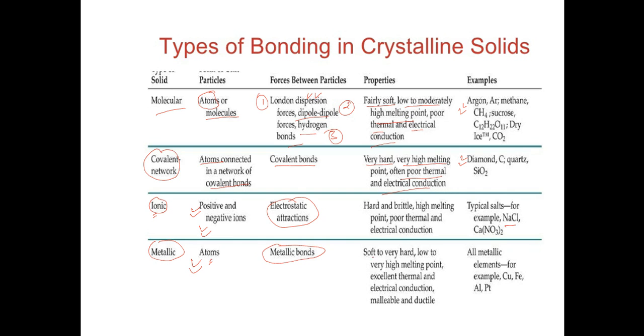They are very soft to very hard, and have a low to very high melting point. They are excellent thermal and electrical conductors. You already know all metals are good conductors of heat as well as electricity. They are malleable and ductile. All metallic elements are metallic solids.